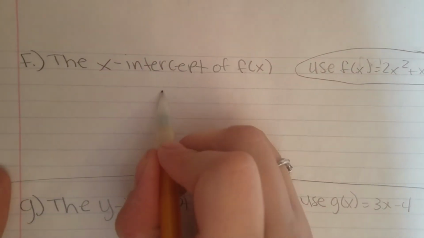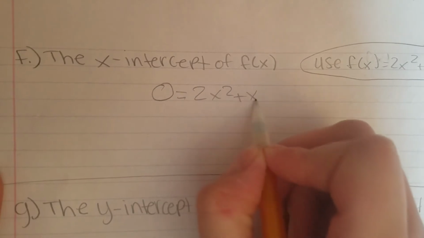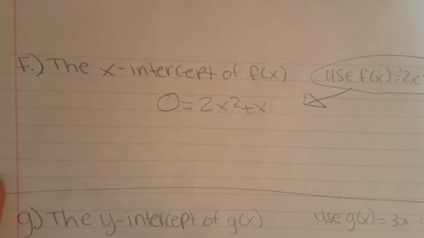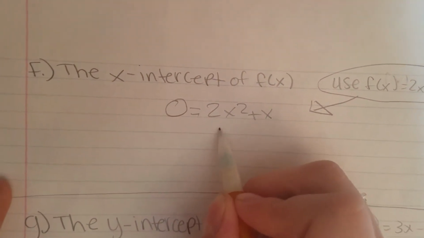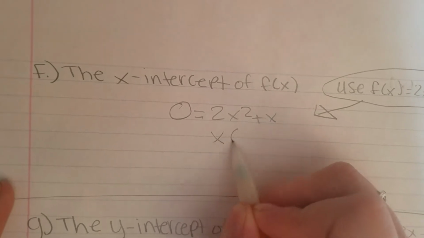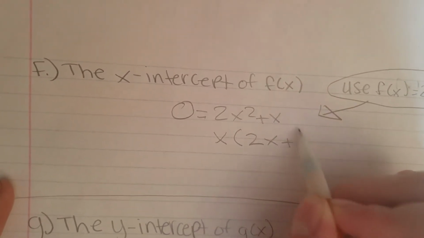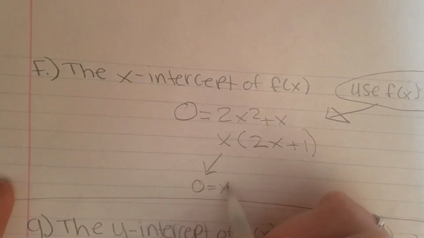So we start with 0 equals 2x squared plus x. First of all, we can factor this into x times 2x plus 1. Now we see our first answer is 0. So that is one of our x's.